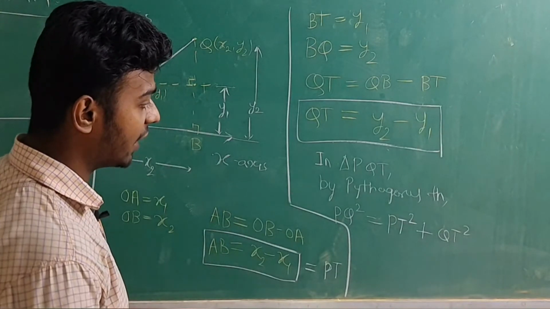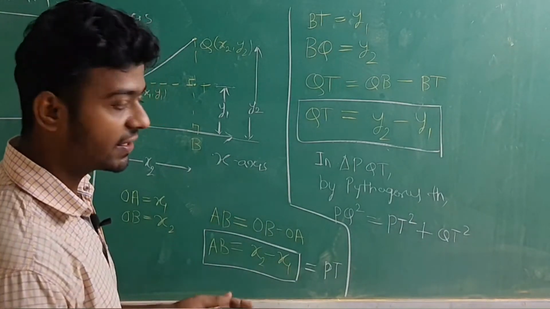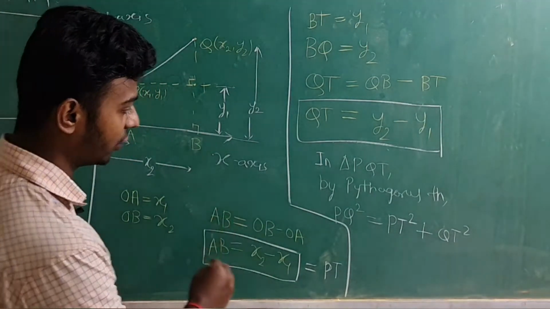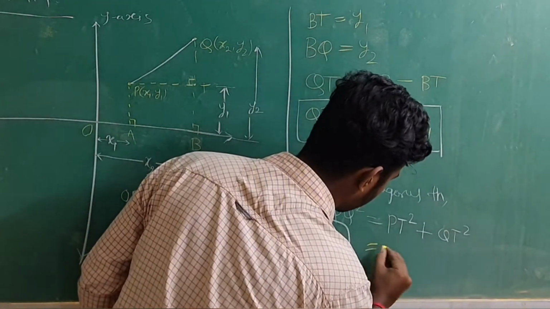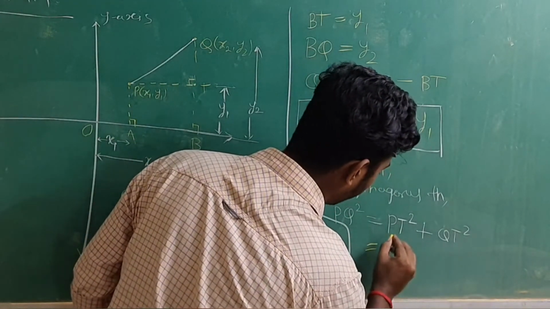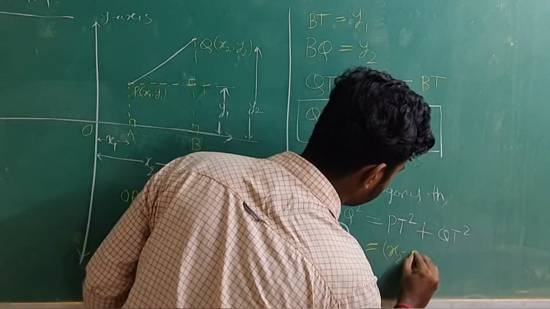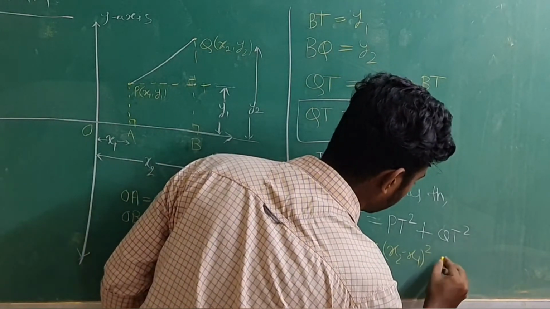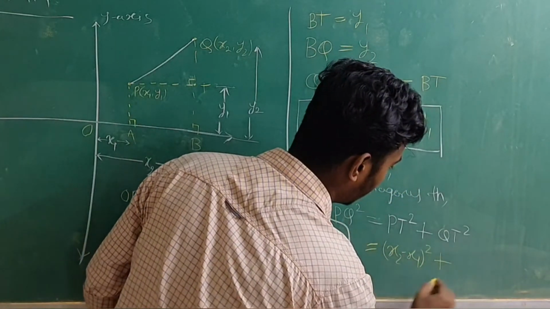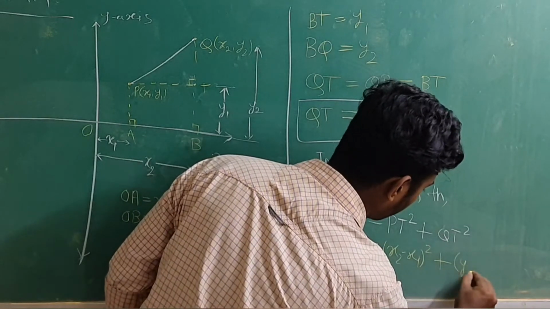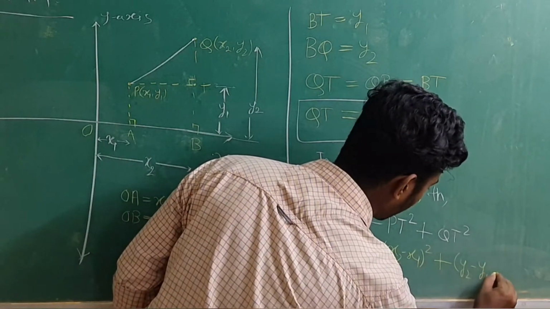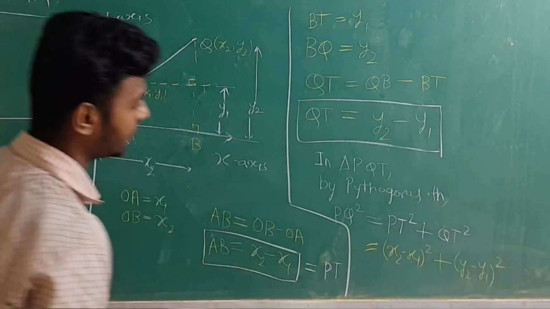Now you know the values of PT as well as QT, so just put them in. PT is (x2 minus x1) the whole square, and QT is (y2 minus y1) the whole square.